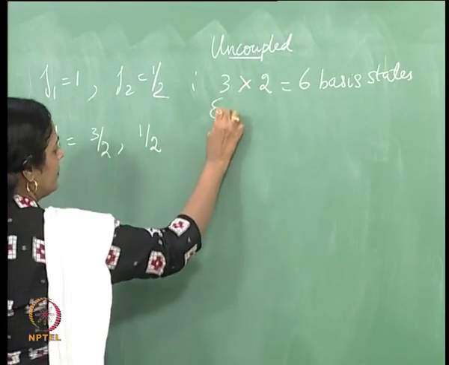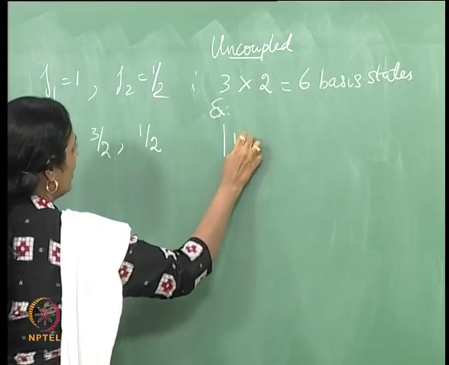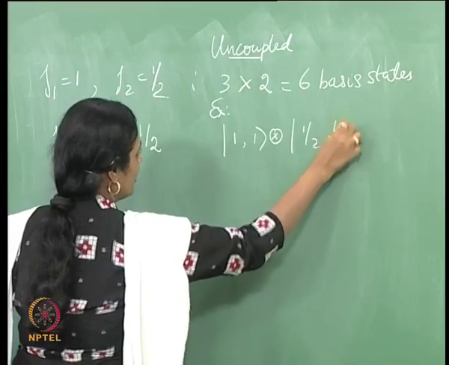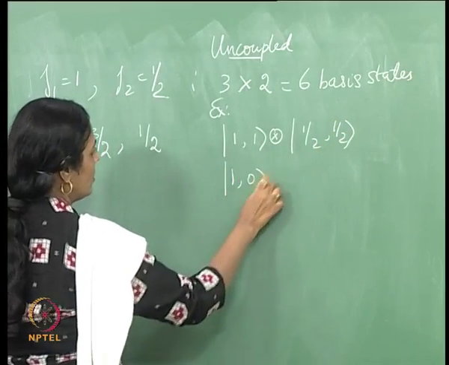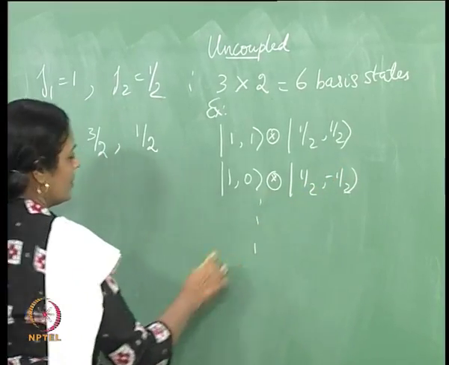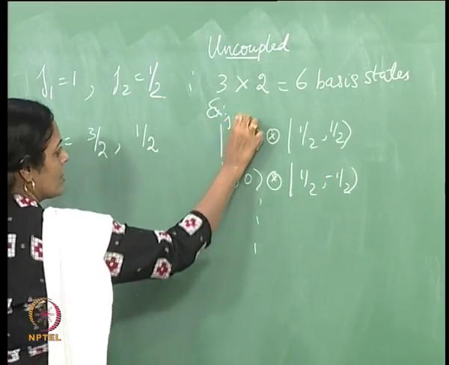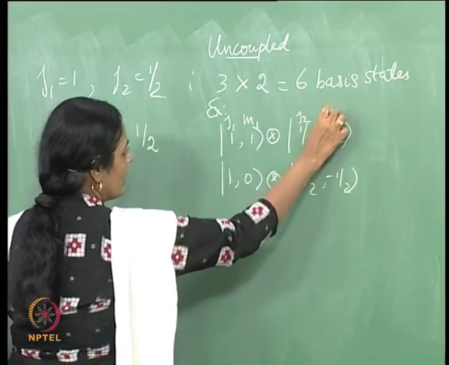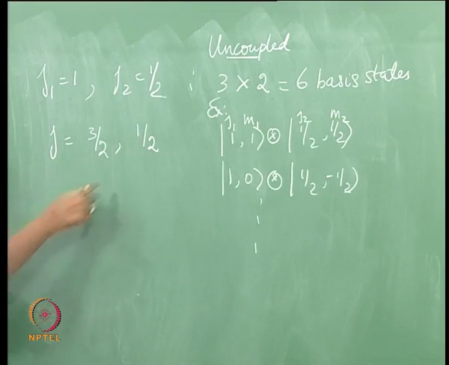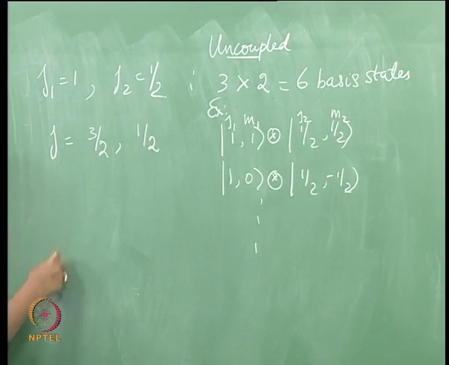Example: 1 1 with half half, or 1 0 with half minus half, and so on. This is J1, this is M1, this is J2, and that is M2. I should account for 6 states here.